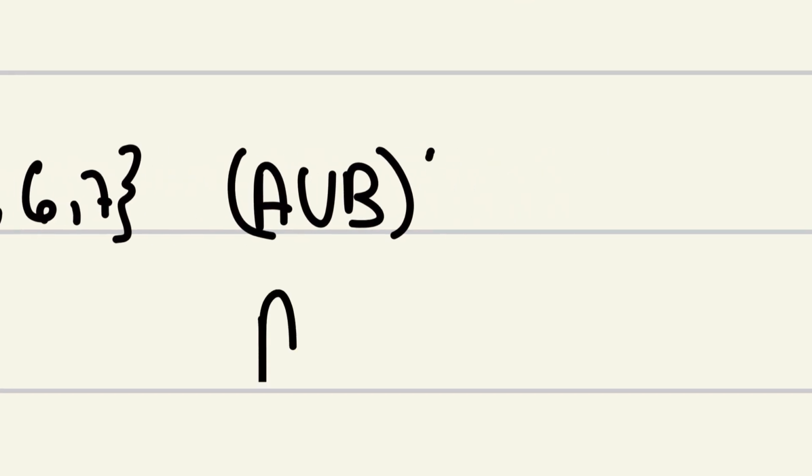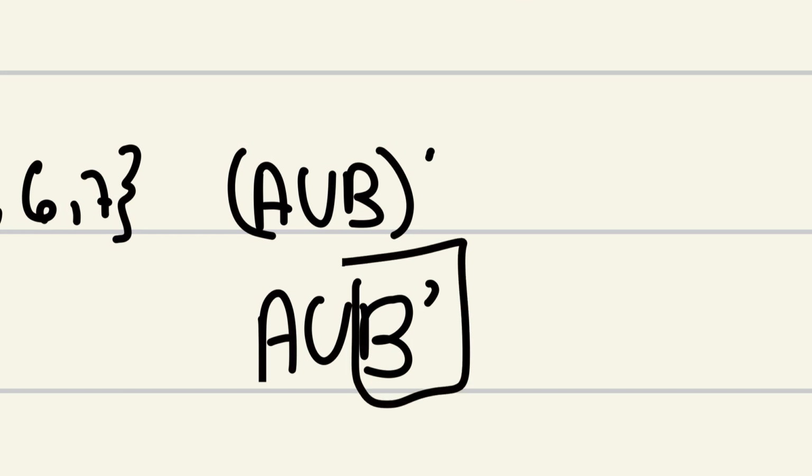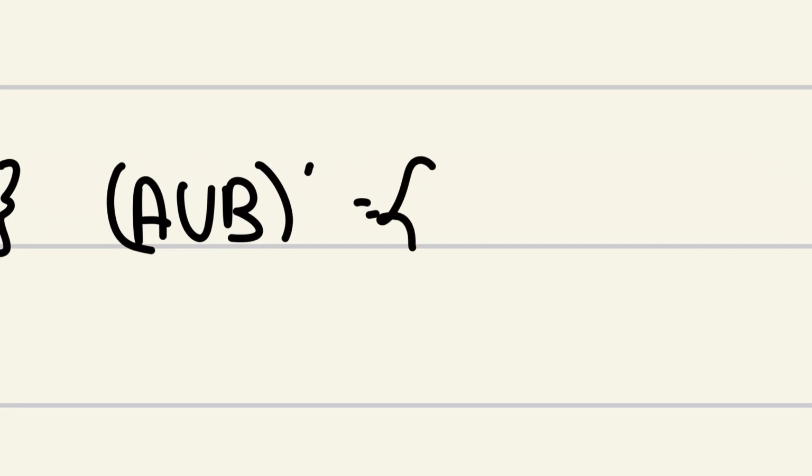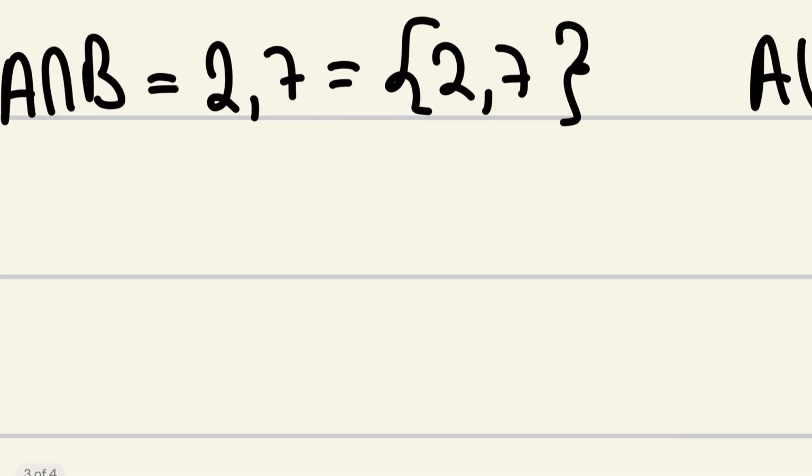If we wrote it as just A or B complement, the complement would only apply to B. So we need to be careful of how we write it. So the complement of A or B, the whole thing, would be just 5 and 8 as we saw, because those are the elements that are not part of this.